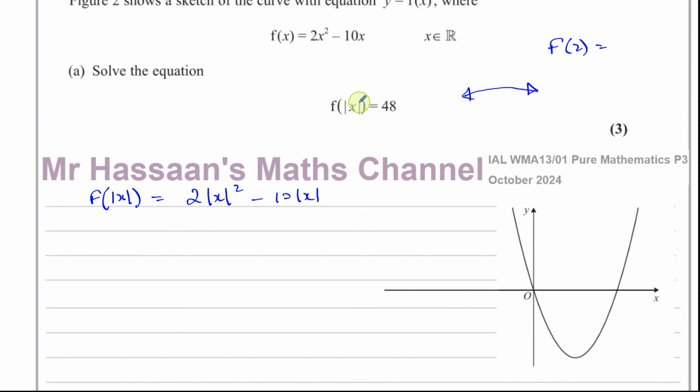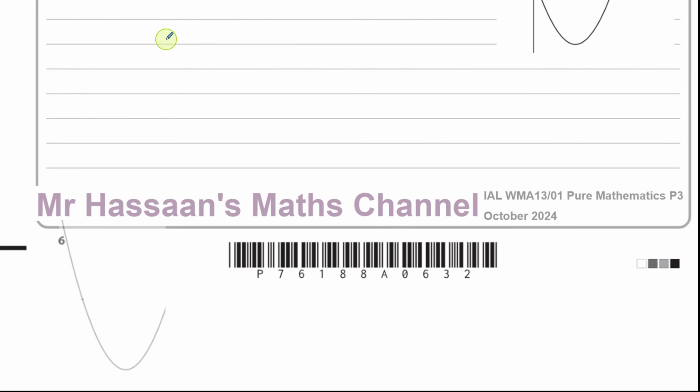So when you've got the modulus inside the function, it's basically like a reflection in the y-axis, because that's what causes a horizontal change. But it's done in such a way that you reflect what's on the positive side onto the negative side, and what was on the negative side initially just completely disappears. So if you were to draw this, I've got something prepared here.